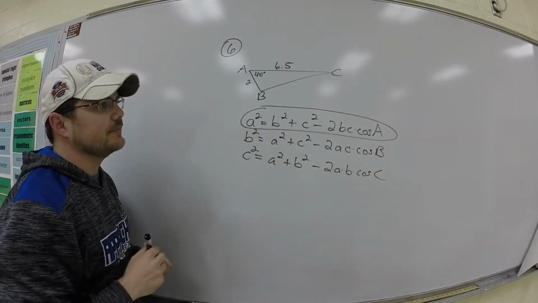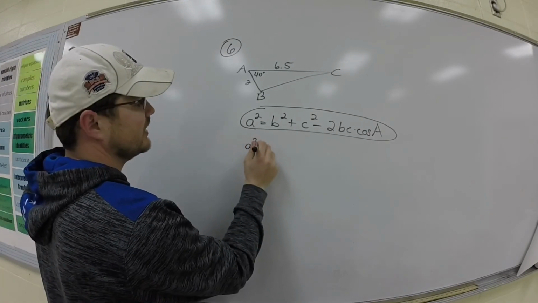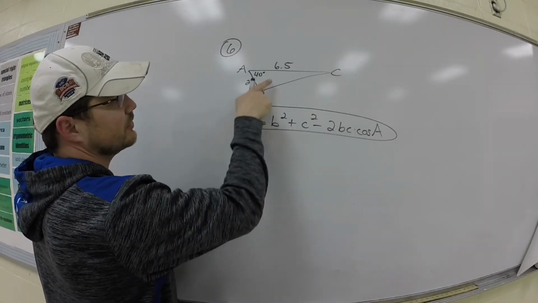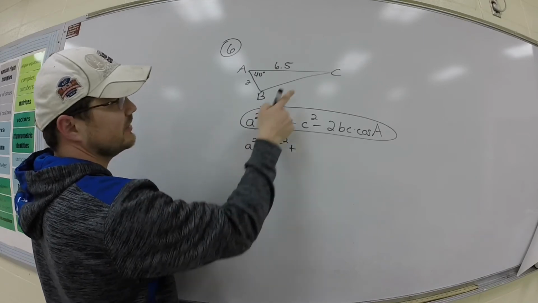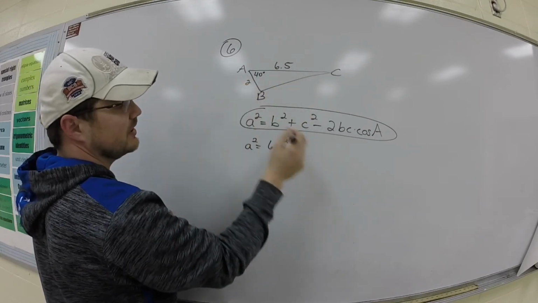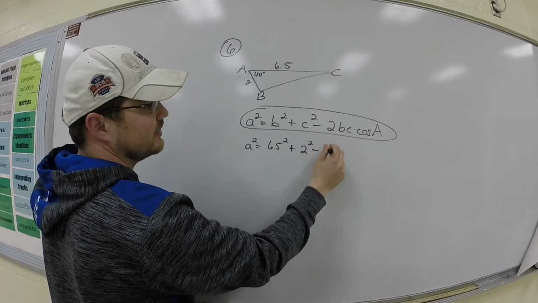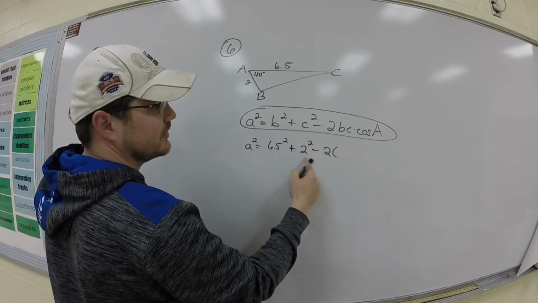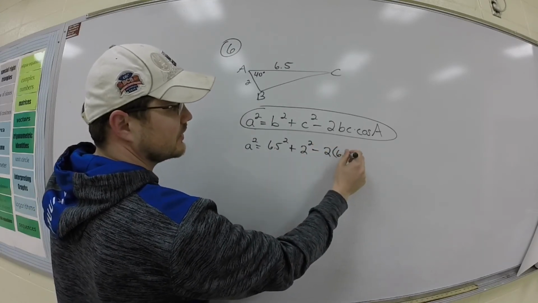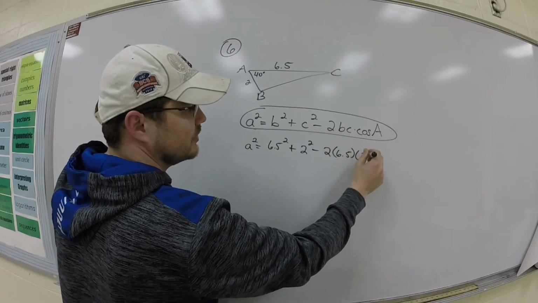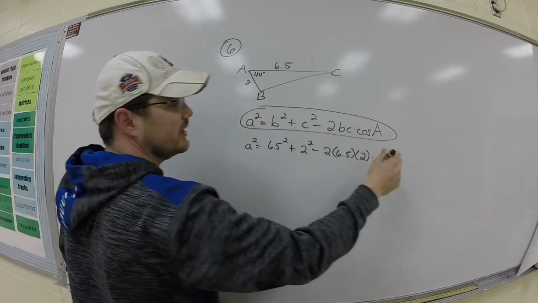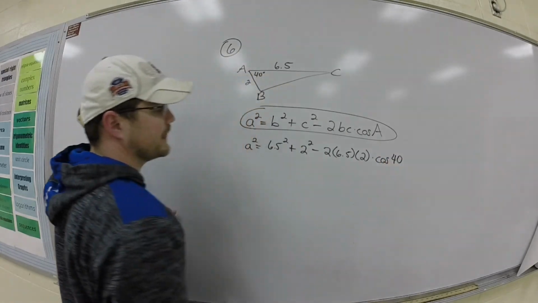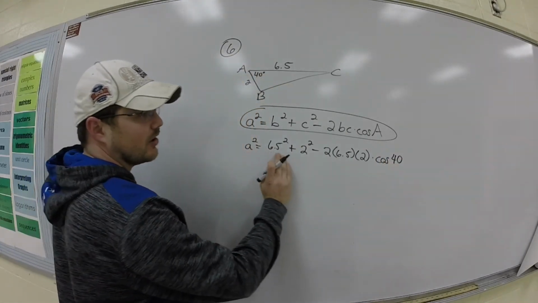So let's do that. Alright, so we have a squared equals b squared is across from angle B, 6.5 squared plus c squared is across from angle C, so 2 squared minus 2 times b times c, so 2 times 6.5 times 2 times cosine of angle A. Angle A is 40. Alright, and so we have a squared is all this.